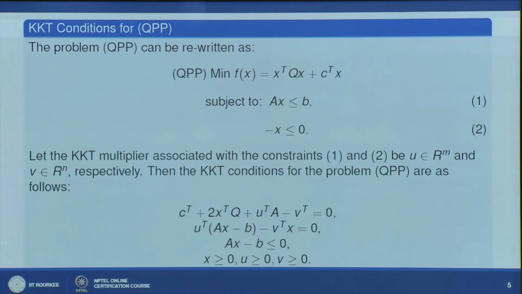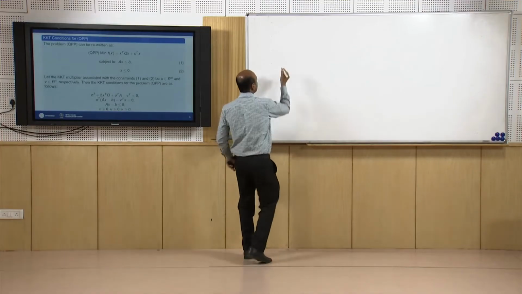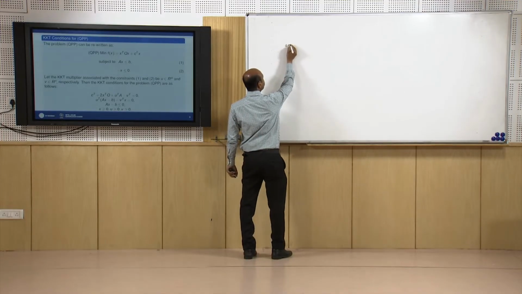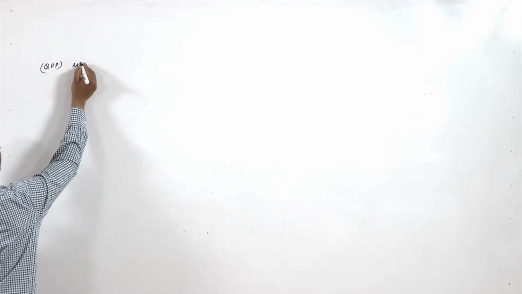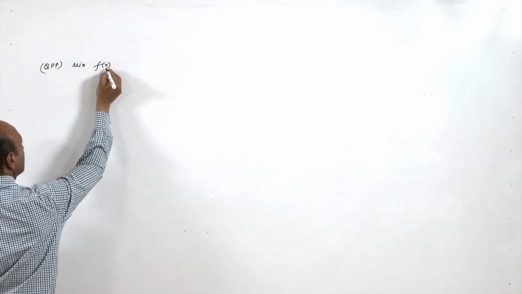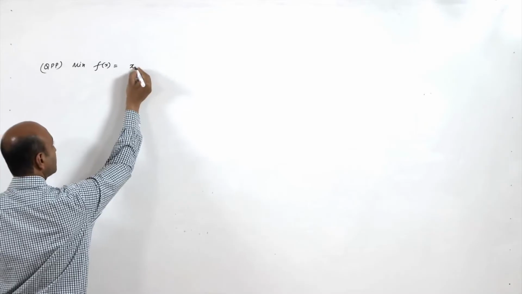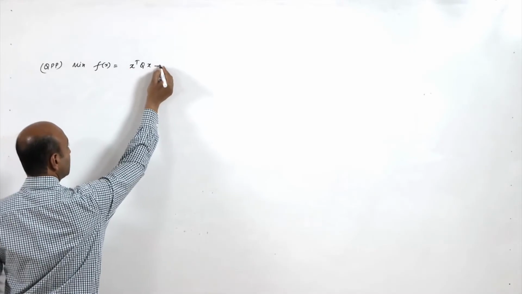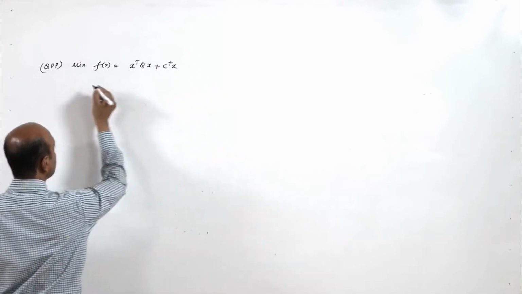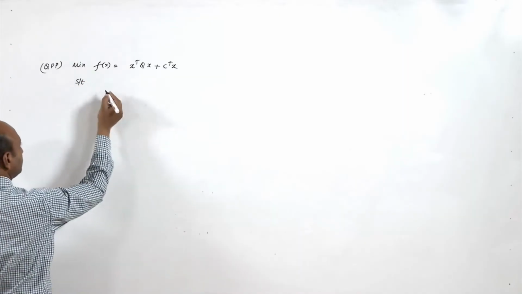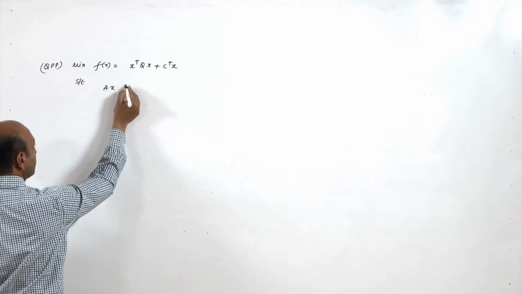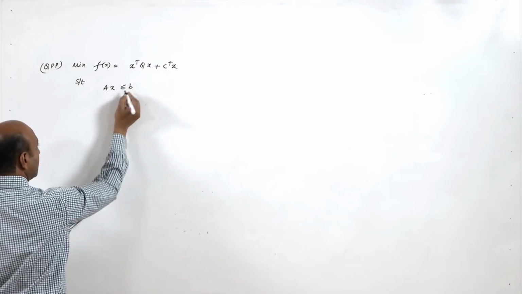So, we will write KKT conditions for QPP. Okay. So, what was our QPP? QPP was minimizing f(x) equal to x transpose Qx plus c transpose x subject to Ax less than or equal to b and x non-negative.